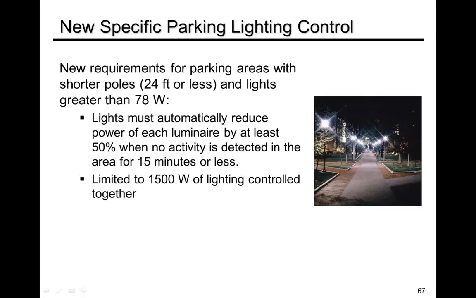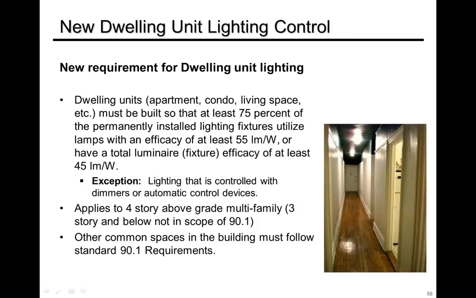But the sensors have improved a lot, and so for the majority of parking lots, those with 24 feet or less poles, and if they have enough wattage to make it cost effective, which has been kind of determined to be 78 watts, you now must reduce your power by at least 50% when there's no occupancy detected in the area. And it has a 15-minute delay limit on it, again, to save energy. And again, there's a requirement that it must control only 1,500 watts per zone, again, to preserve that granularity. So that's a new requirement.